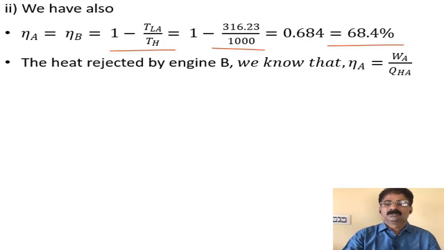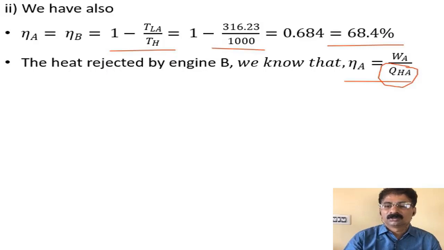Now the heat rejected by engine B, you have to calculate. For that, let us first use the efficiency formula of engine A. So WA by QHA. Why do you have to start from here? Because the only heat quantity given in the problem is QHA. So you have to start from the top and then come down.